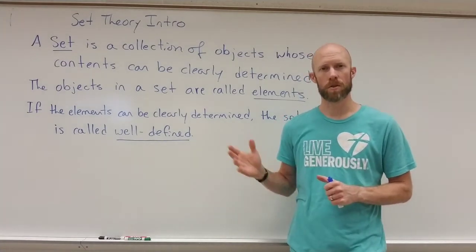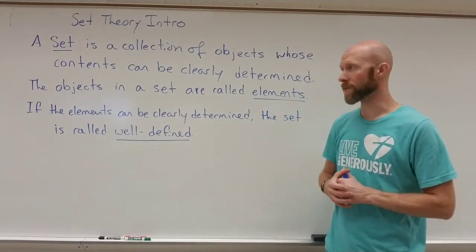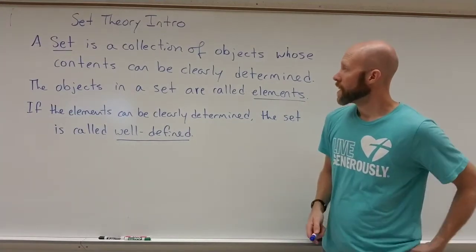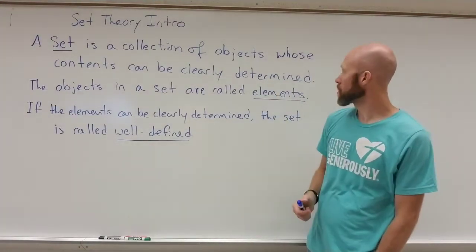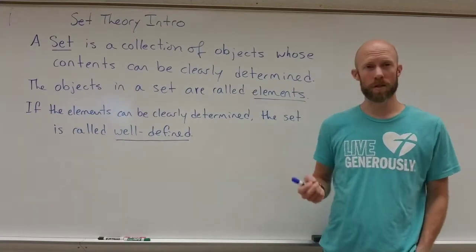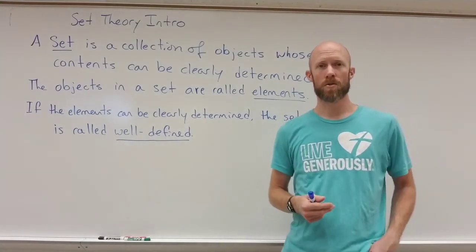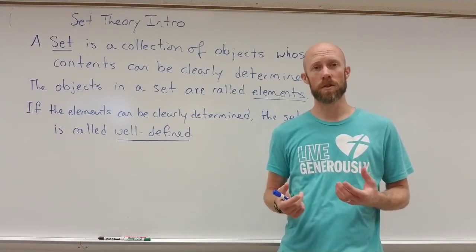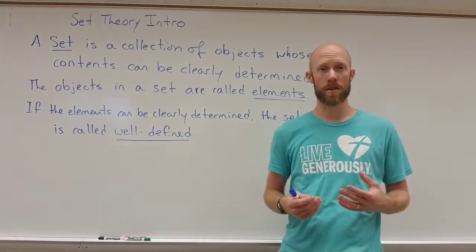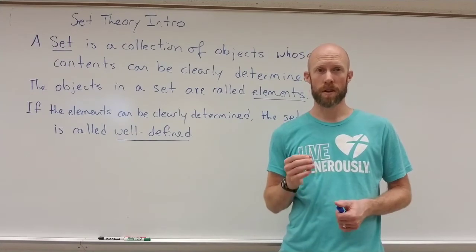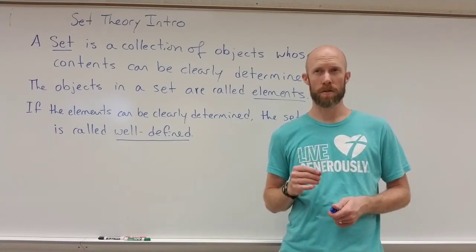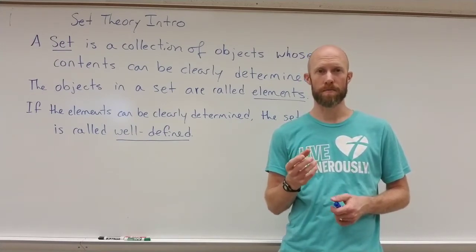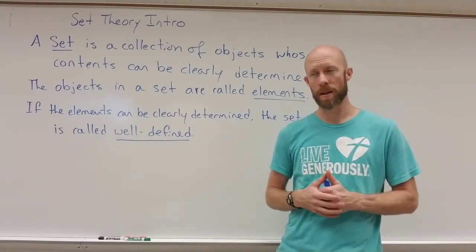Okay, so the first thing we're going to look at here is just a general definition of sets. A set is a collection of objects whose contents can be clearly determined. Okay, so it's a collection of things. Like, for instance, the collection of students taking this class is a set. It's a very specific set with very specific elements within the set.